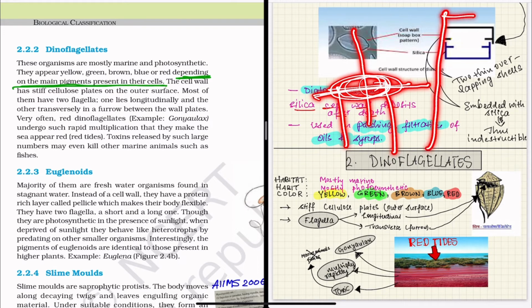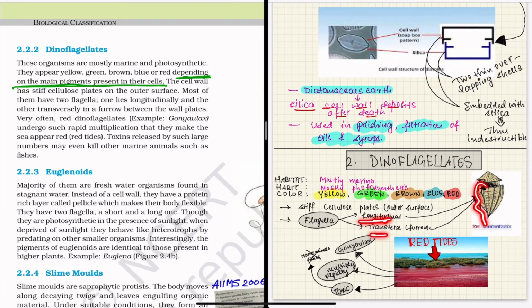So there is a longitudinal flagellum and a transverse flagellum, present in a furrow between the two stiff wall plates. A dinoflagellate known as Gonyaulax comes under the red dinoflagellates.